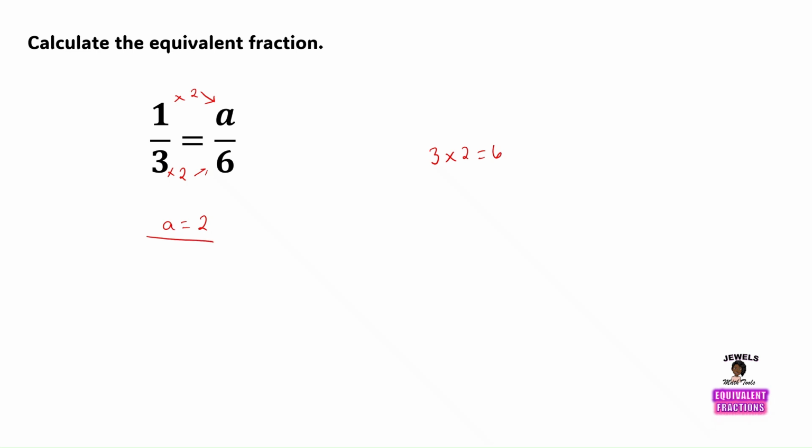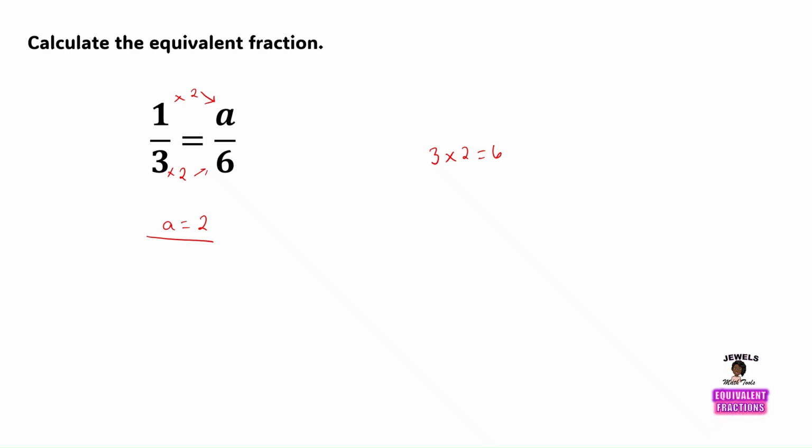Now, after you've applied your multiplication and you've been given your equivalent fraction, remember that you can always check your answer by going back and applying your multiplication, or division rather, to the first fraction to your solution, to verify whether your answer is correct. And in most cases with these type of questions, if it's given to you in this form, you can just write a is equal to 2, that is fine.